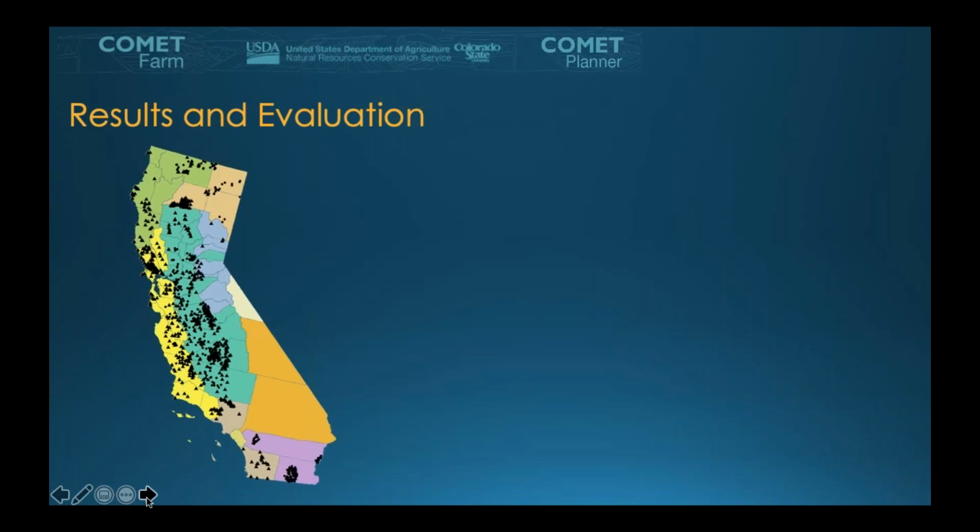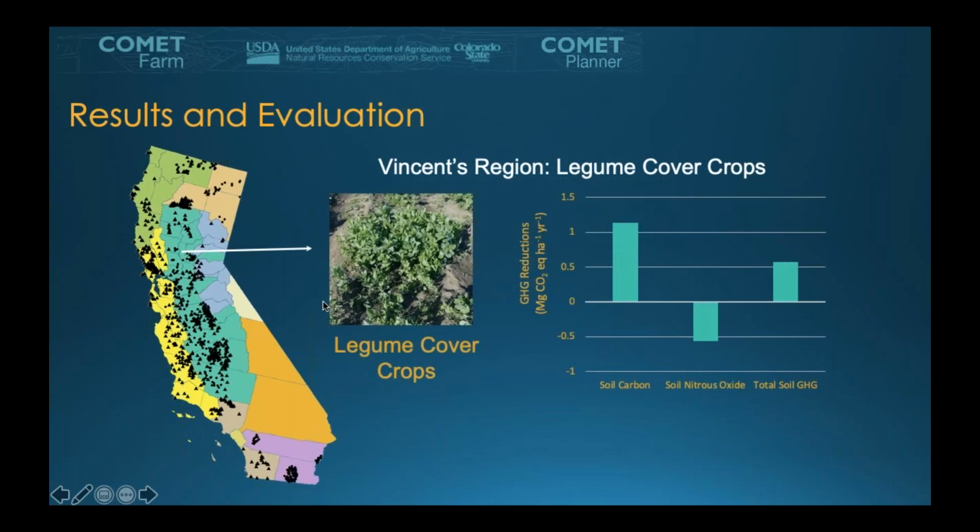So your results for COMET Planner, when the user selects the conservation practice standard that they want to superimpose and compare to the baseline, these are run through the COMET Farm application, and these are representing averages based off of COMET Farm reports.